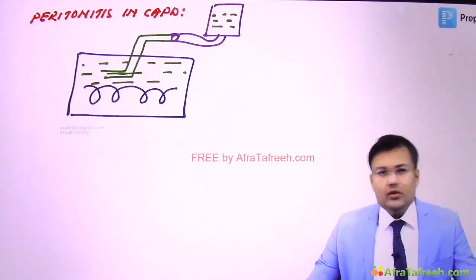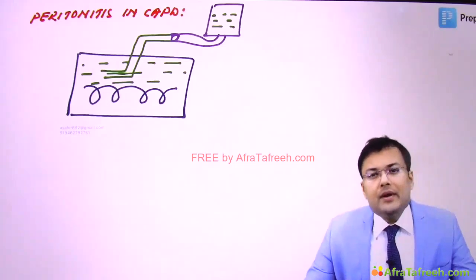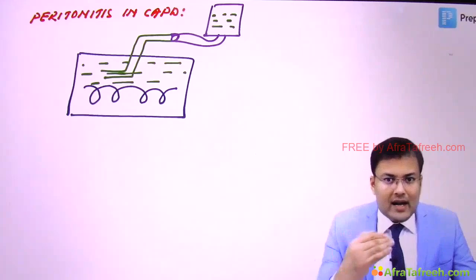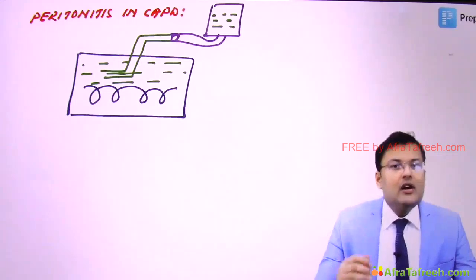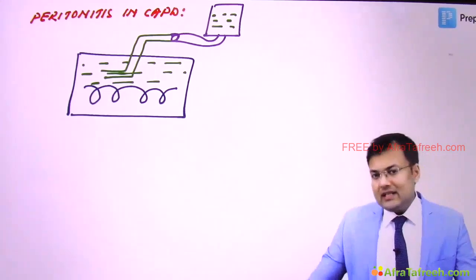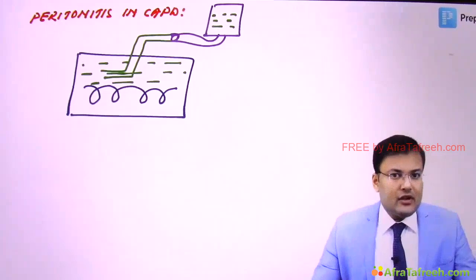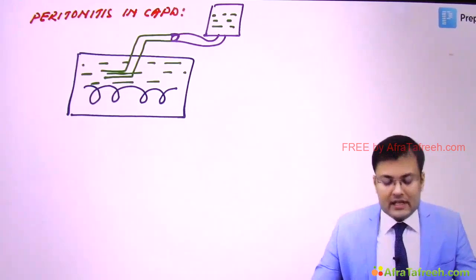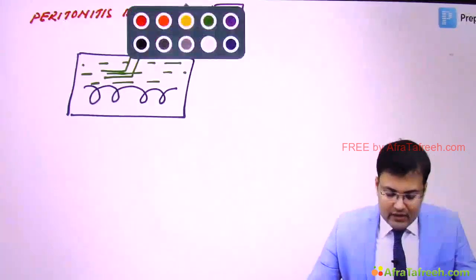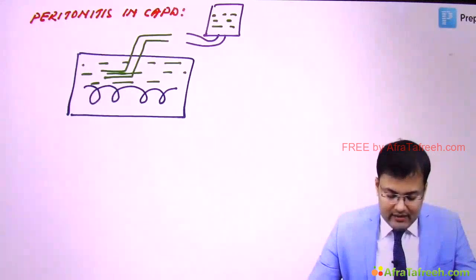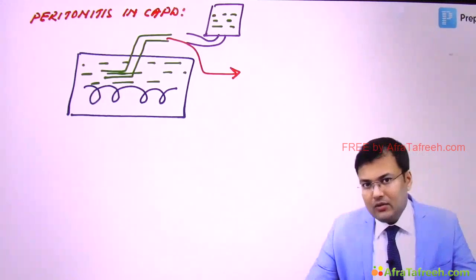Simple. You know that peritoneum is a semi-permeable membrane. So via this semi-permeable membrane, there is exchange of toxins. Clear? Whenever the fluid is inside the peritoneal cavity, there is exchange of toxins. After 4 to 6 hours, the patient is going to detach this peritoneal catheter, and whatever fluid is inside the peritoneal cavity is drained out.